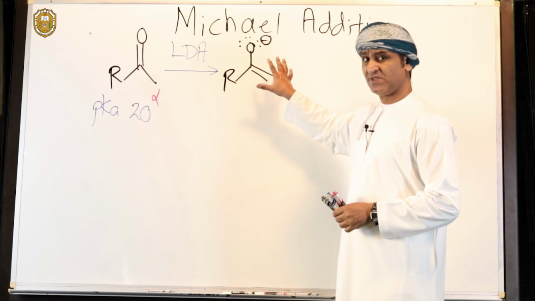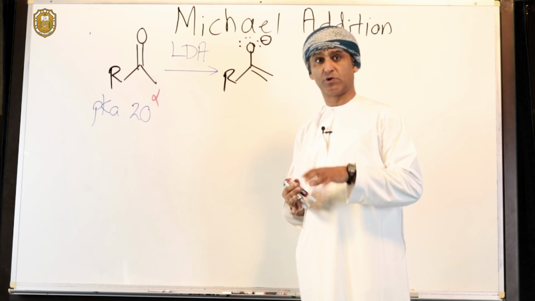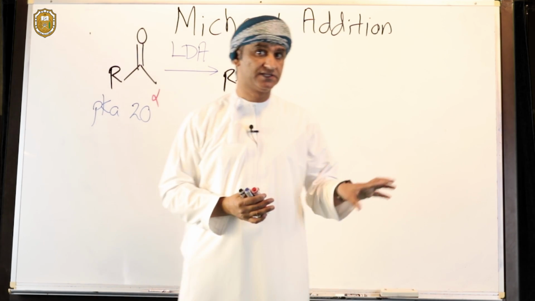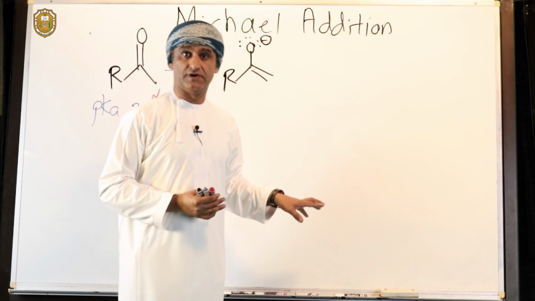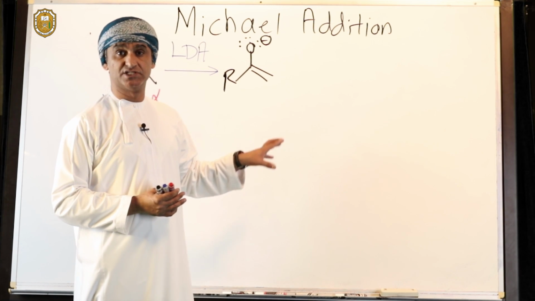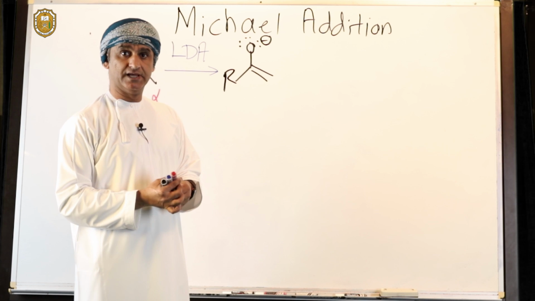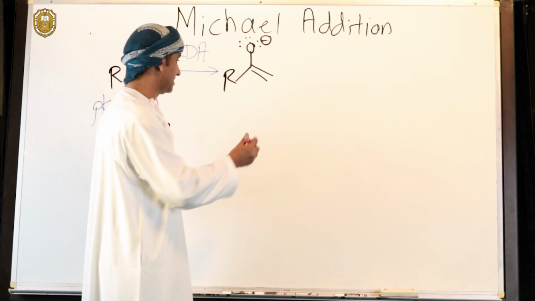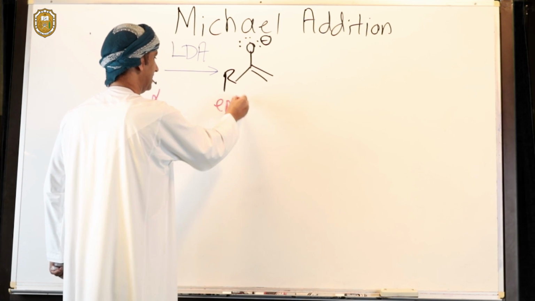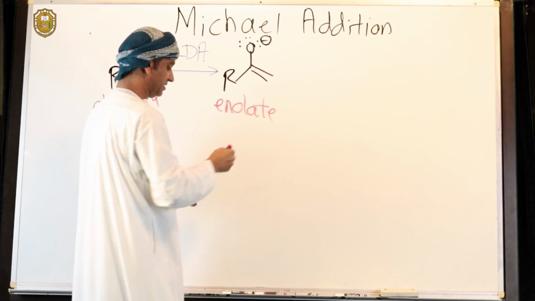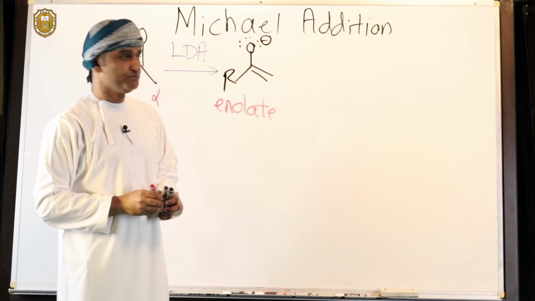At this stage, having reached this versatile reactive intermediate, it can be reacted with all kinds of electrophiles. We've seen before reactions of enolates with alkyl halides, with aldehydes and ketones, and with carboxylic acid derivatives.